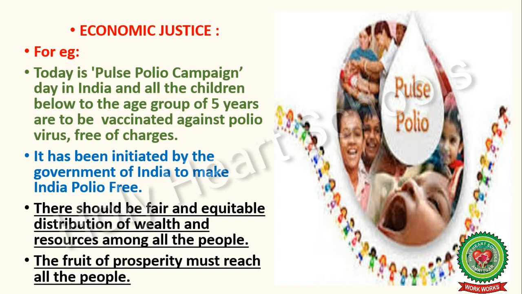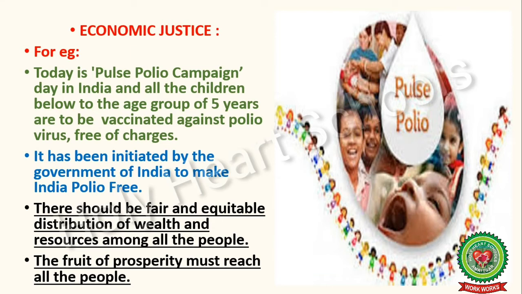It has been initiated by the government of India to make India polio free. Yes, students, you must be aware that it is initiated by the government of India. No doubt, it is in collaboration with the UNO's agency WHO, the World Health Organization. But India's men and material resources are also used in it.